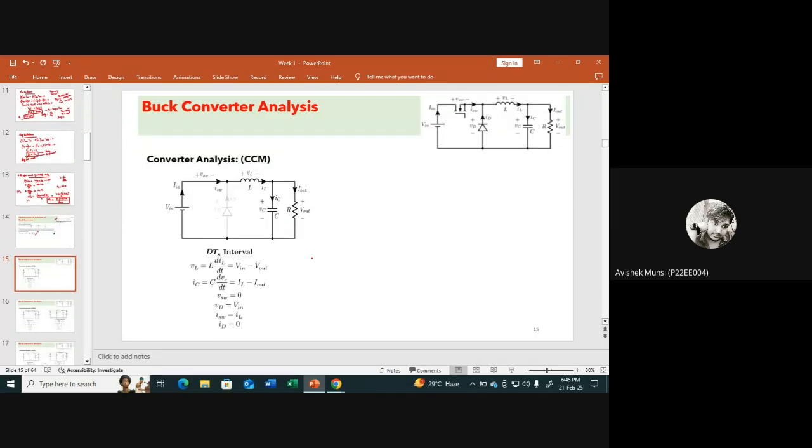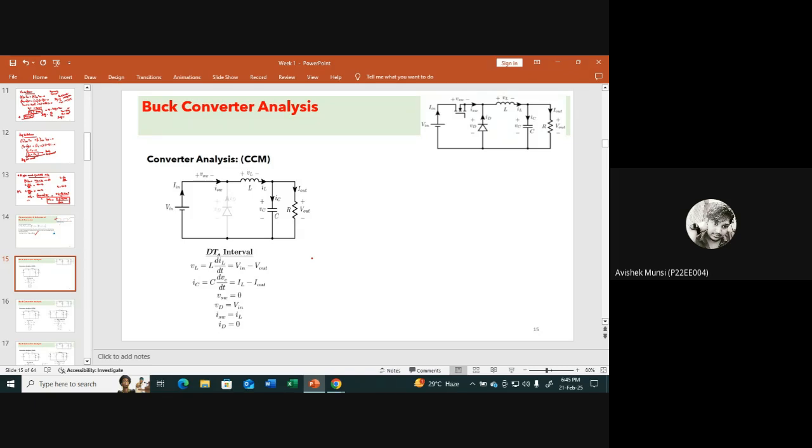I'm just revising for this week's lectures. This is the converter analysis of the buck converter in continuous conduction mode. During the on time, if you apply KVL, we see that VL is equal to V in minus V out, and IC is IL minus I naught.